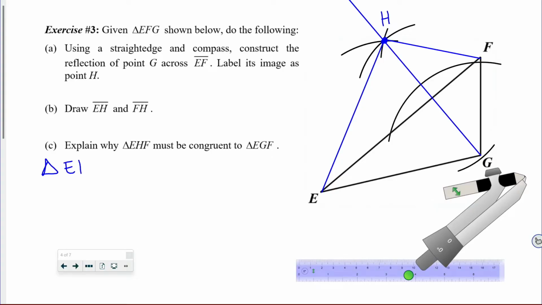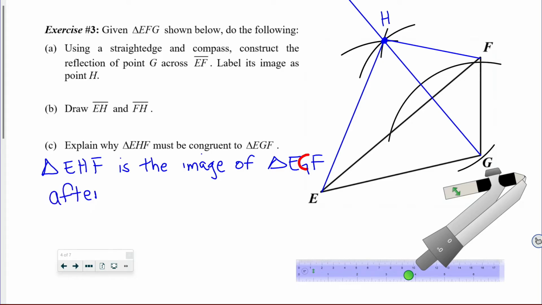Triangle EHF is the image of triangle EGF after a reflection across EF.